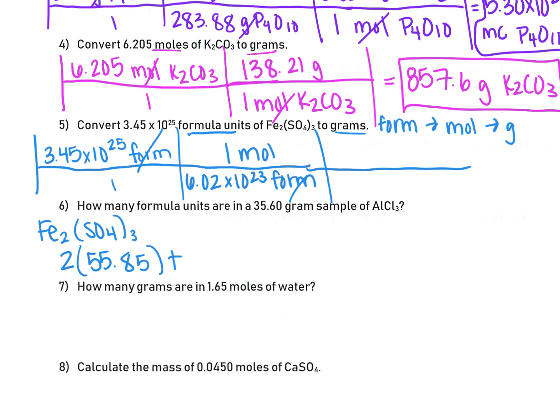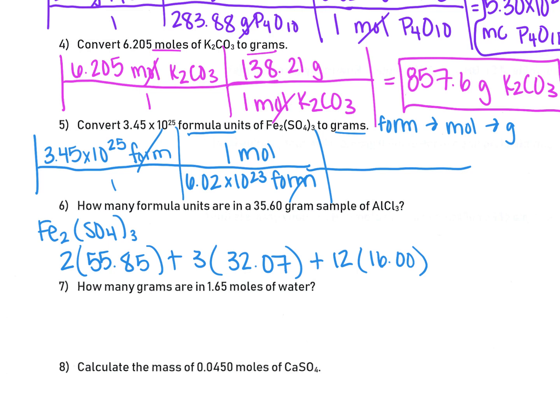Right here, outside the parentheses. So we're going to go plus 3 times, what's the mass of sulfur? 32.07. What's the third element? Oxygen. How many oxygen atoms are there? 12. So if you have 2 subscripts, you're going to multiply. So we'll take 12 times the mass of oxygen, 16.0. I would recommend that you type it in your calculator exactly the way you see it here, because then you can do it all in one line.